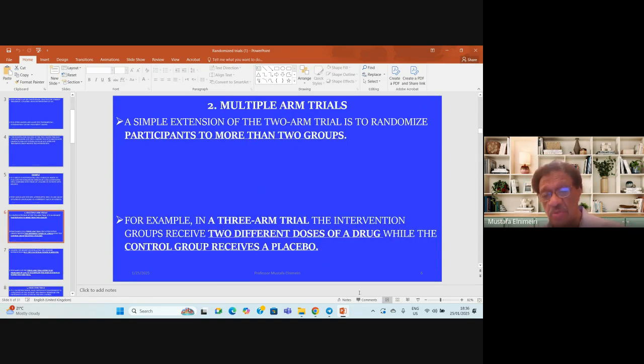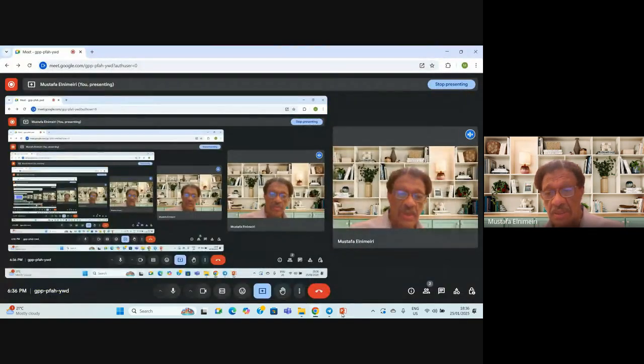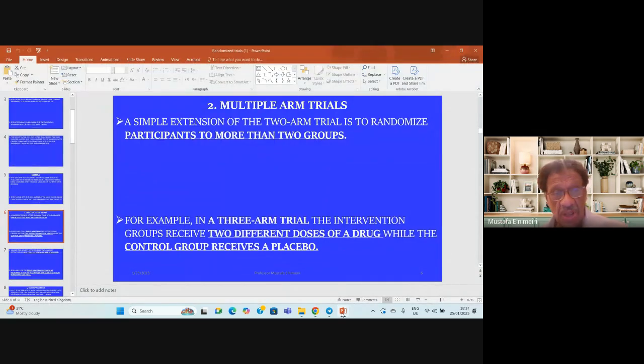Also, we have what we call the multiple arm trials, and this is a simple extension of the two-arm trials. Instead of having two arms only, we have more than two arms, maybe three arms, maybe four arms. And here we randomize the participants to more than two groups.